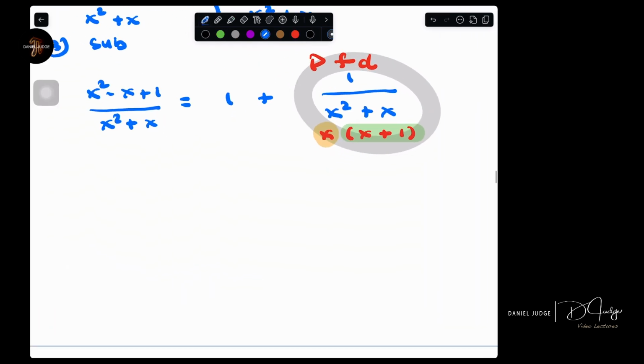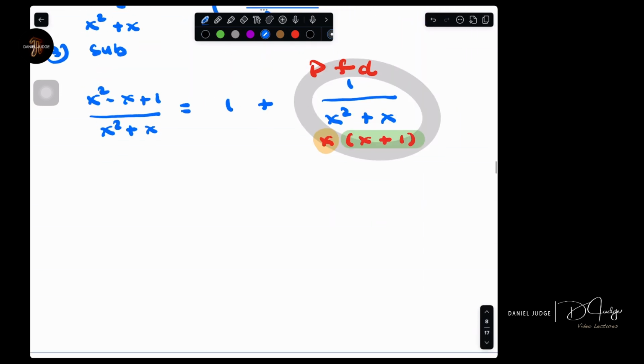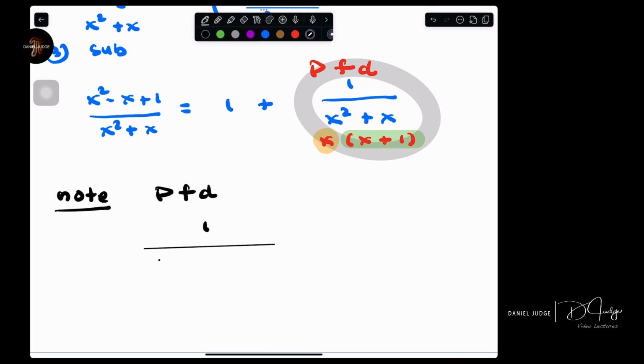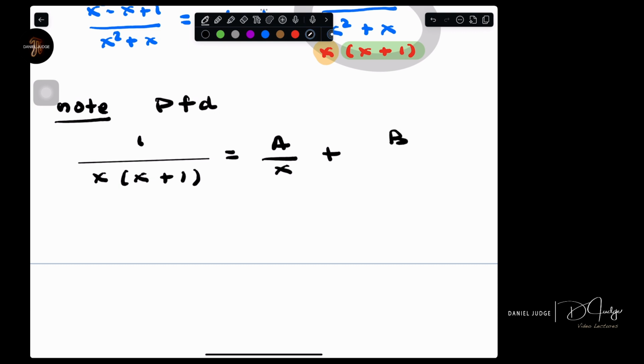So I'm going to write this as a note here. So let's bring this down. Let's notate. That PFD applies to 1 over x times x plus 1, which becomes a over x plus b over x plus 1.